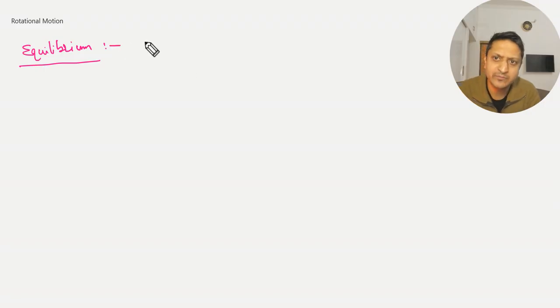In equilibrium, there are two types: one is the translational equilibrium, and another is the rotational equilibrium.